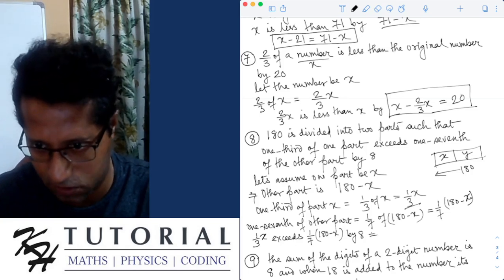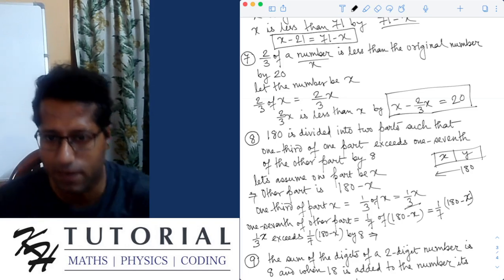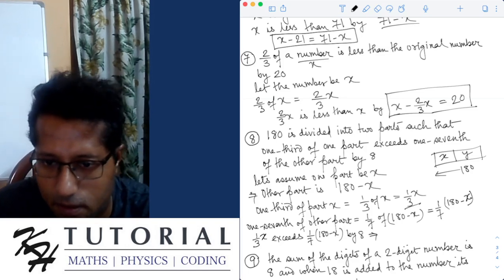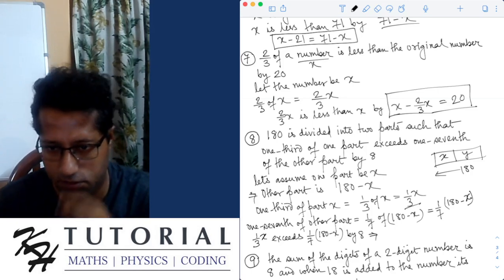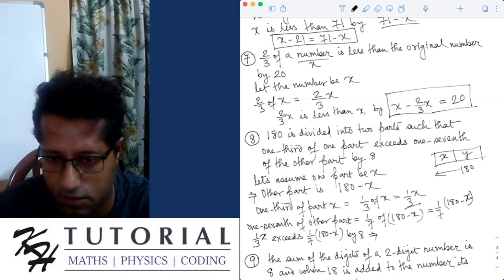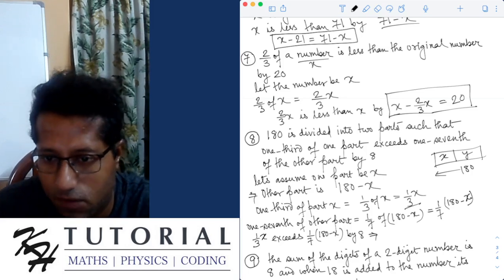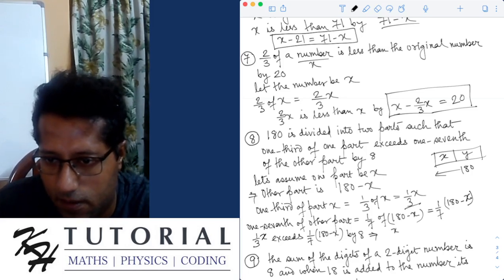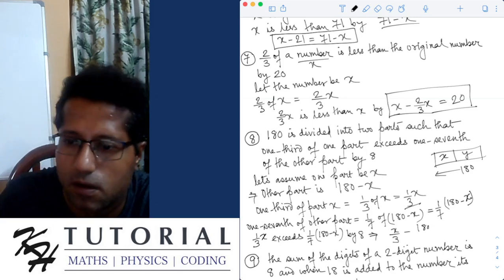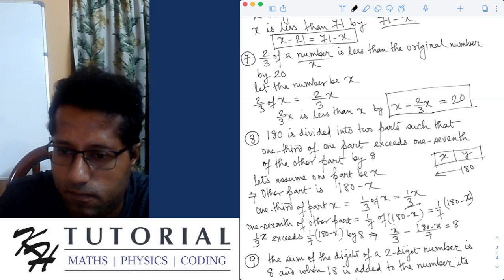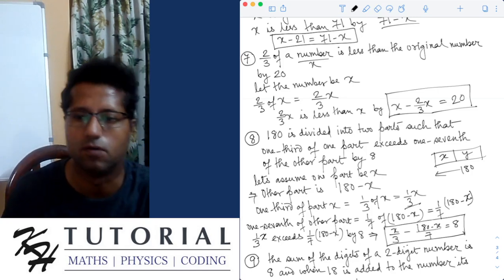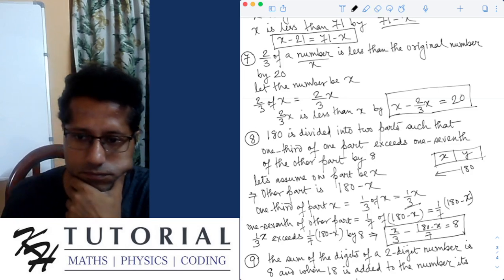When translated mathematically into an equation, 1/3 of x is greater than 1/7 of 180 minus x. That is why it's saying 1/3 of x exceeds by 8. So definitely we will say that x by 3 minus 180 minus x by 7 equals 8. So this is the linear equation that we have found. Okay.